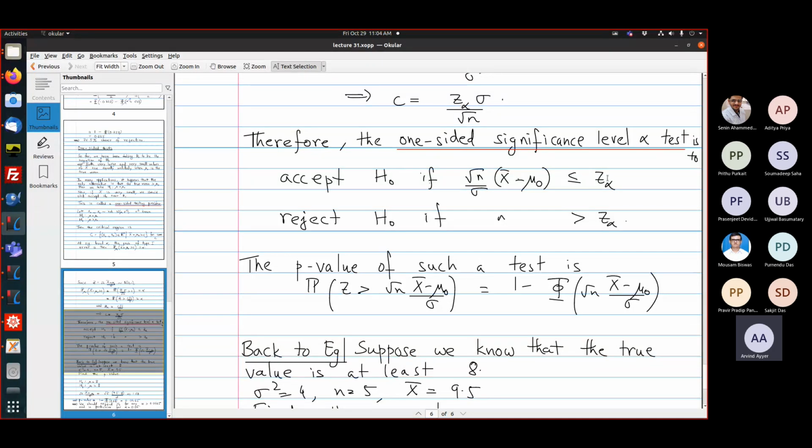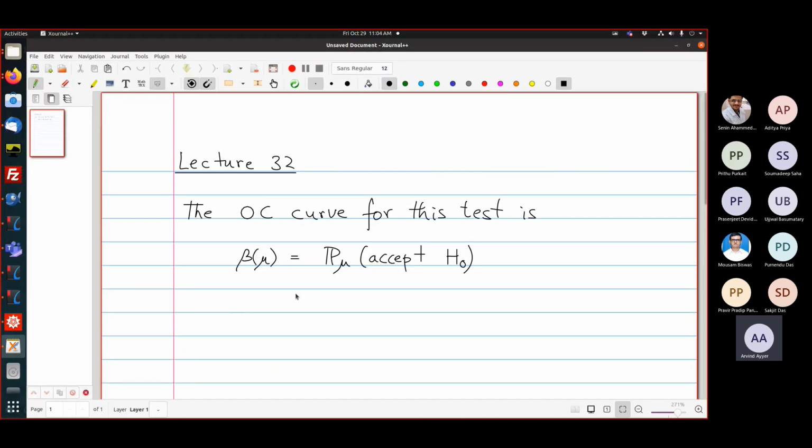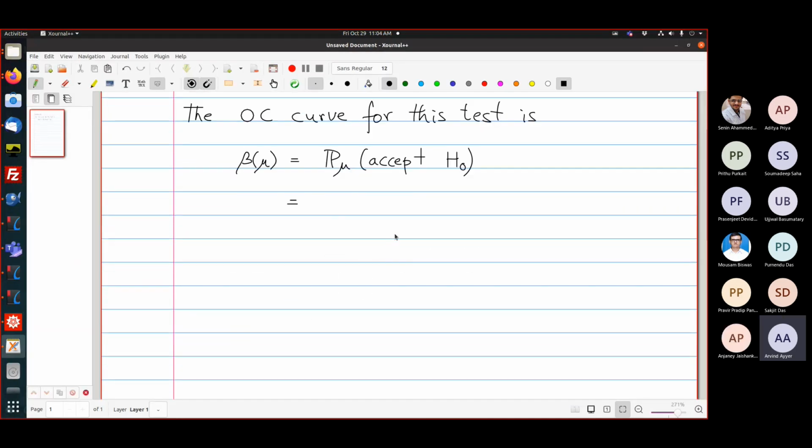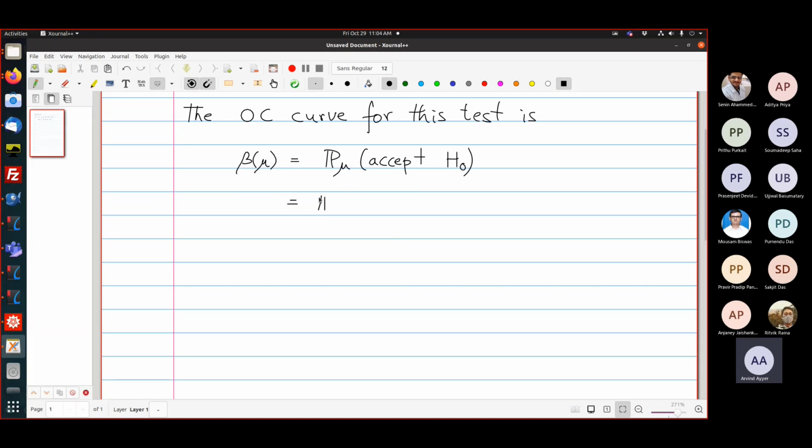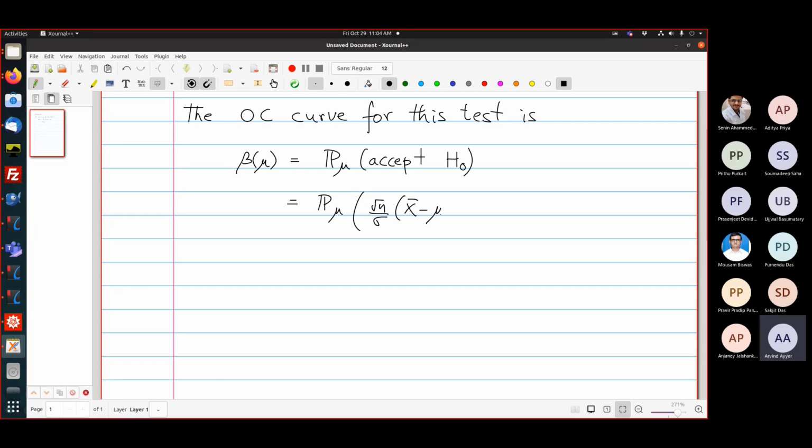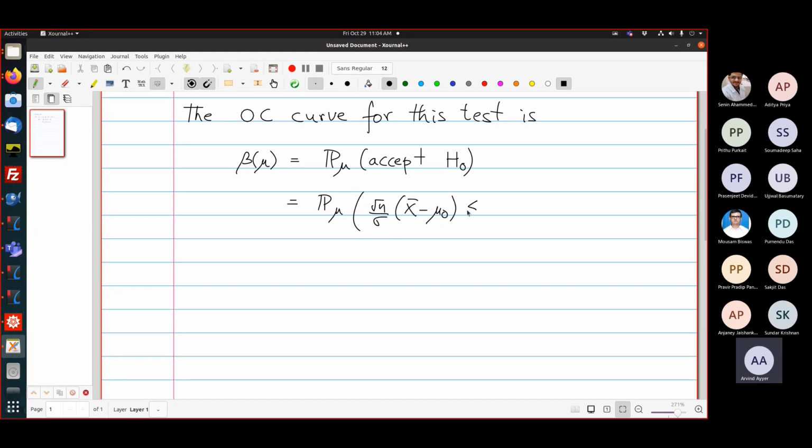We accept h naught if this condition is satisfied. So this is the probability under mu that square root of n by sigma times (X bar minus mu naught) is less than or equal to z alpha. This is what we need to calculate.